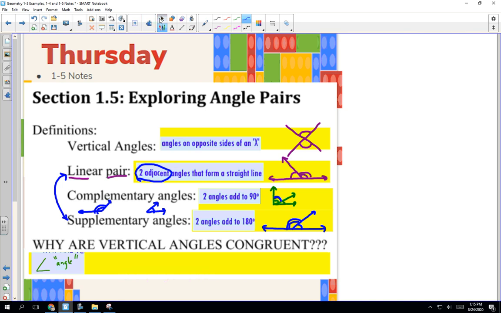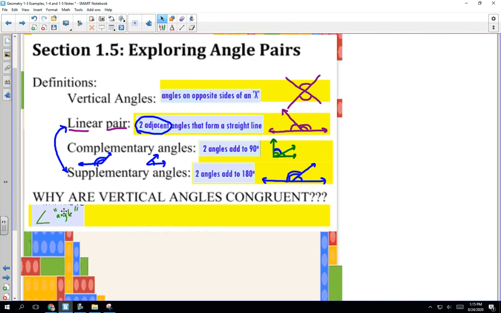Okay, we're going to do a little chit chat on why vertical angles are congruent. Guess what? Vertical angles are congruent. If they're across from each other on the X, they're going to have the same measure. Remember, this little sideways L means angle.